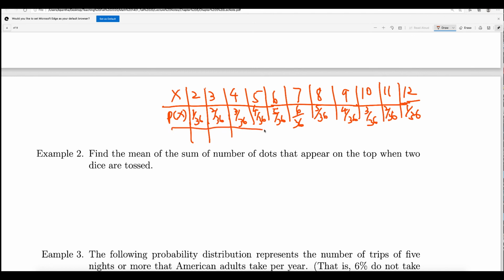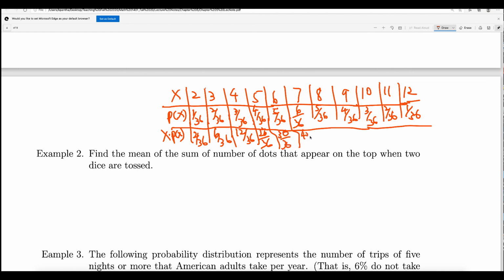So I want to do that. X times px. Okay, so 2 out of 36. So 3 times 6 out of 36. 4 times 3, 12 out of 36, right? And then 20 out of 36. And then 30 out of 36.